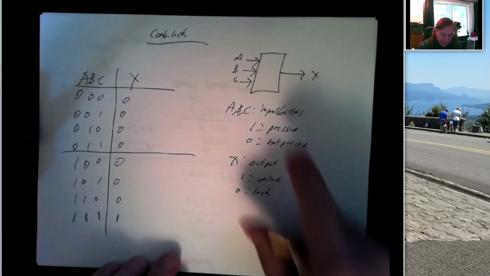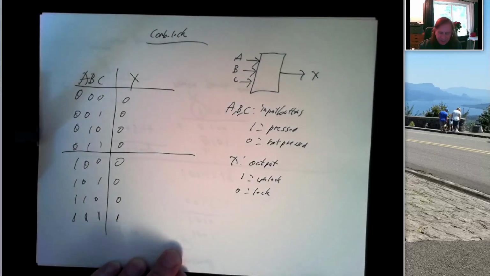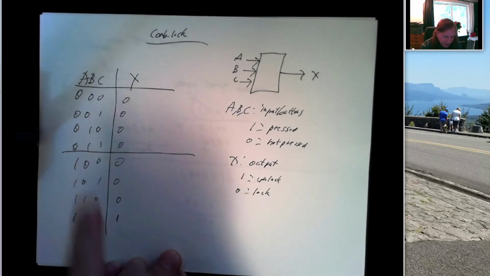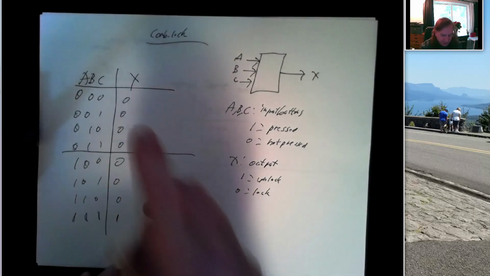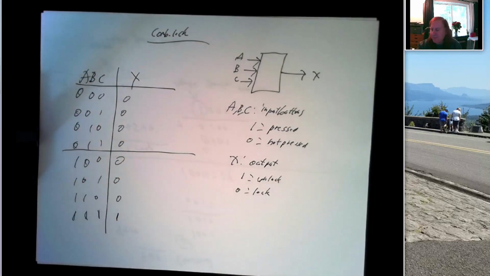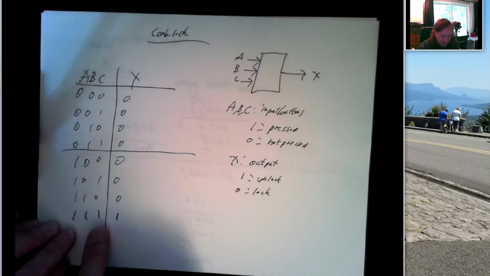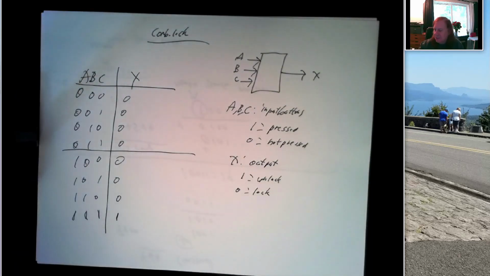All right, so inside this box, the system diagram, I want to build a circuit. It takes in these 3 inputs and generates this output, and I want this truth table to be a description of how the circuit behaves. Well, what could I possibly do to create a circuit that outputs a 1 when A, B, and C are 1, and a 0 in all other cases?